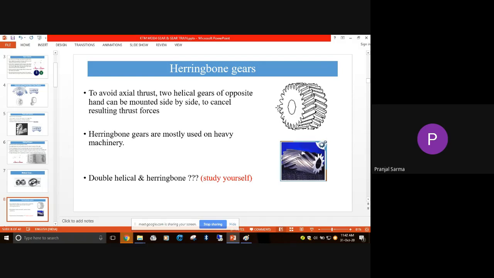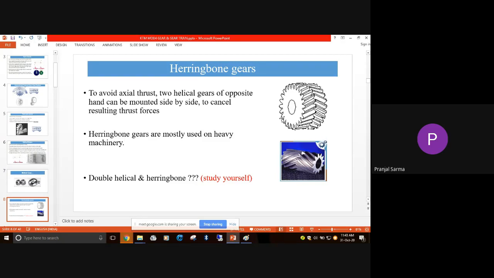Now in the case of a single helical gear, we have seen that there is an axial thrust component which is unbalanced. Definitely we don't want any thrust force, as we generally don't want an unbalanced force in a system. So to avoid this axial thrust, we can take two helical gears of opposite hand. Suppose this helical gear has its teeth oriented this way, and the other one is oriented like this.